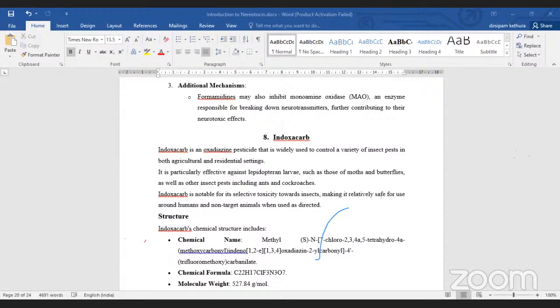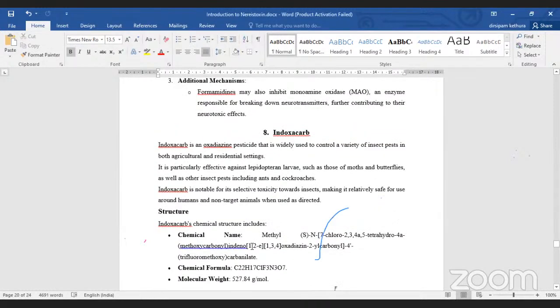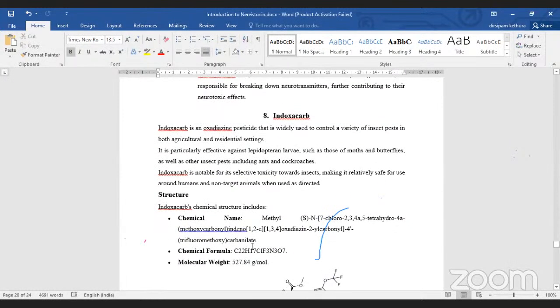Coming to the mode of action, this formamidine acts primarily through agonism of octopamine receptors, which leads to disruption of the nervous system and eventually to the death of the organism. This is what we covered under formamidine.